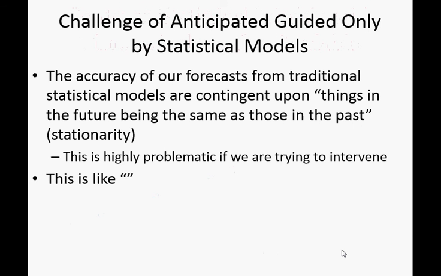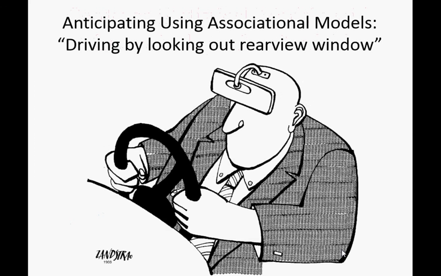The types of findings that we secure from statistical models are therefore based on observations, and contingent on observations that emerge from certain processes.